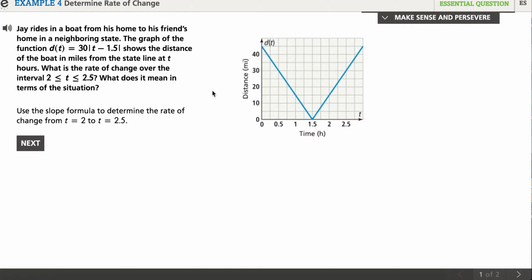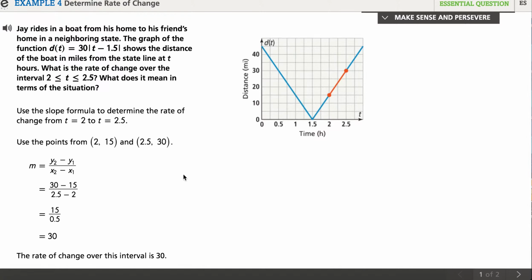We use the slope formula to determine the rate of change from t = 2 to t = 2.5. We use the points (2, 15) and (2.5, 30).